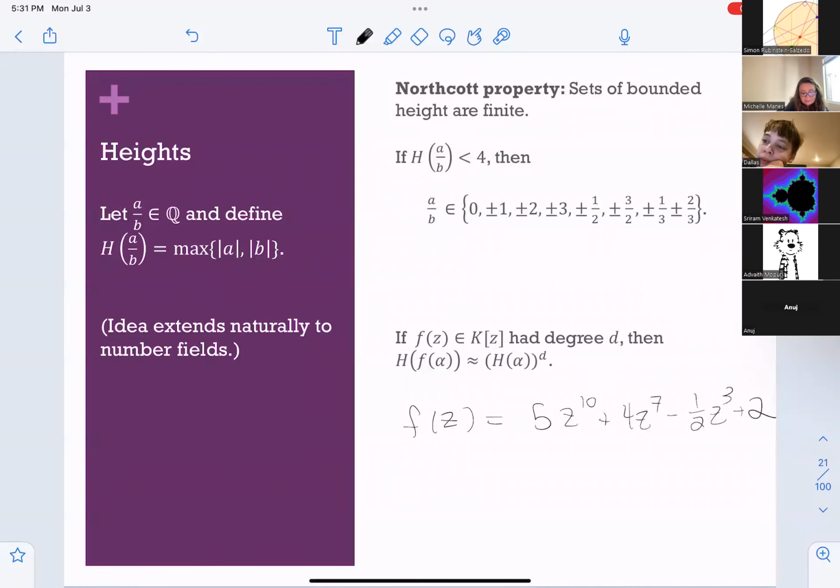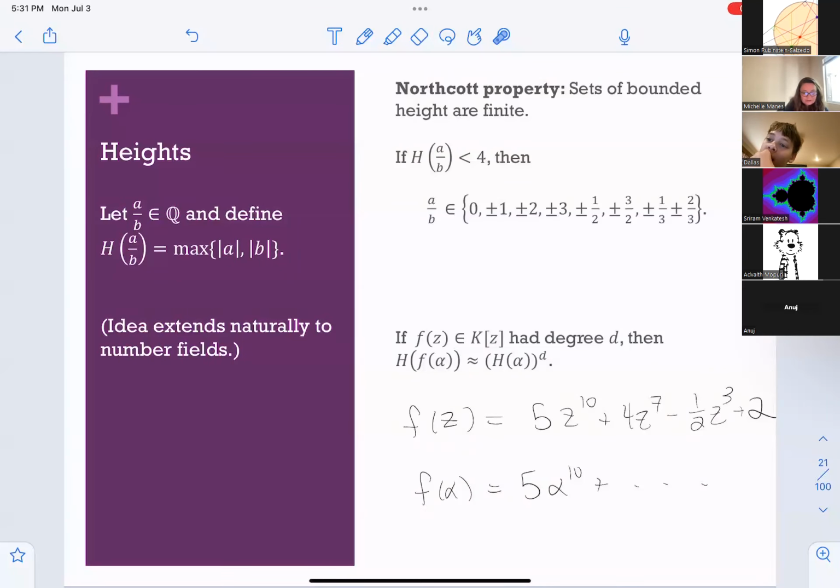And I plug in some number alpha, right? So f of alpha is 5 alpha to the 10th plus that other stuff. And I ask you about the height of f of alpha compared to the height of alpha. Well, the way that I've defined it, if I'm just dealing with rational numbers, the height is like a positive integer, right?